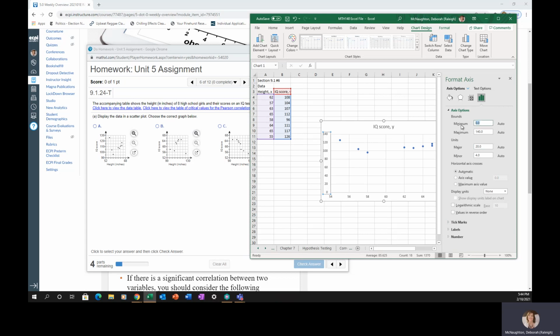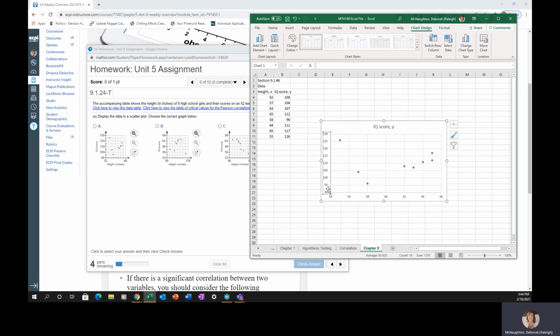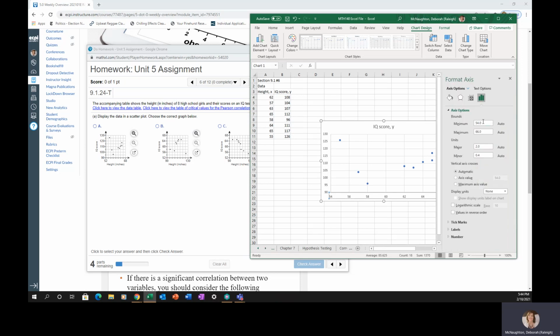And I'm just going to change this minimum to 90. Okay. And I can make it go 90 to 130 to match what they did. I think that'll fix it. Now it goes from 90 to 130. I can also change the x-axis to go from 52 to 68. I don't need to because I can see it.